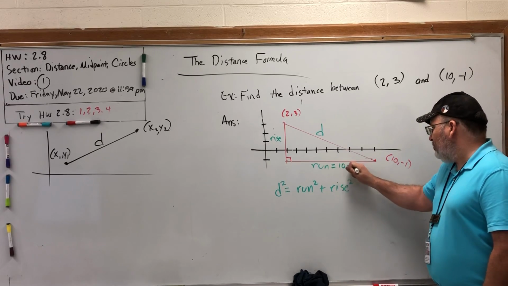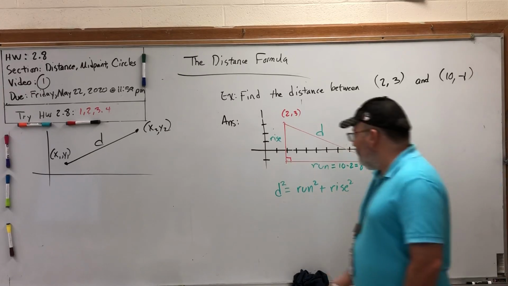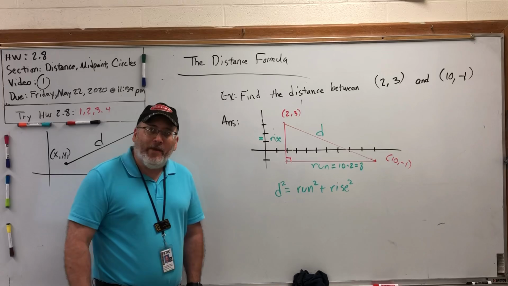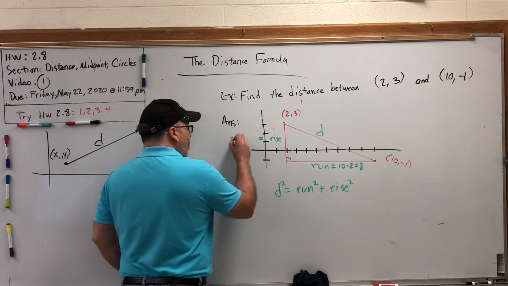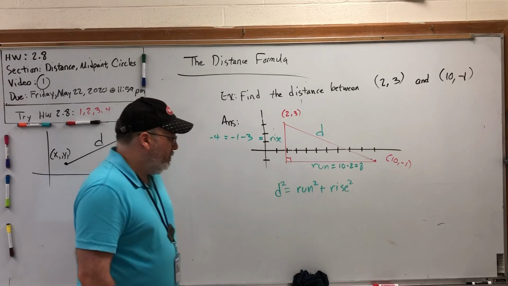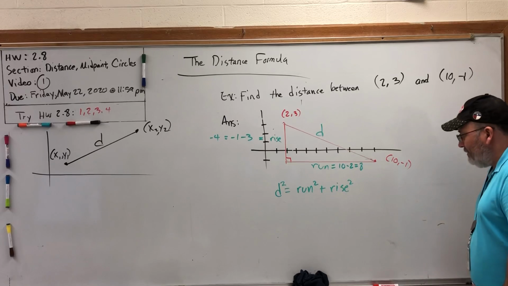So 10 minus 2 is 8, that's how far that runs. And to calculate the rise, wasn't that just the difference in the y's, the second y minus the first y? Negative 1 minus 3, which is equal to negative 4. I know the run, I know the rise, now I can Pythagorize.